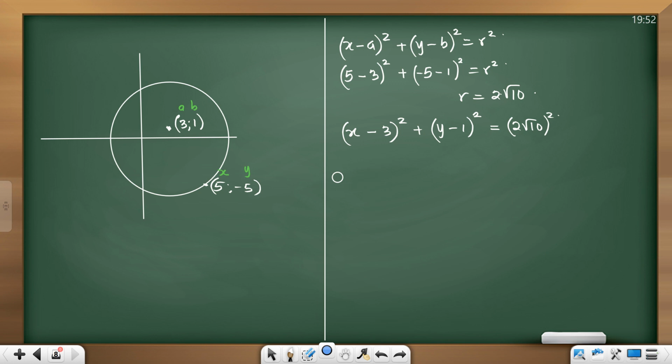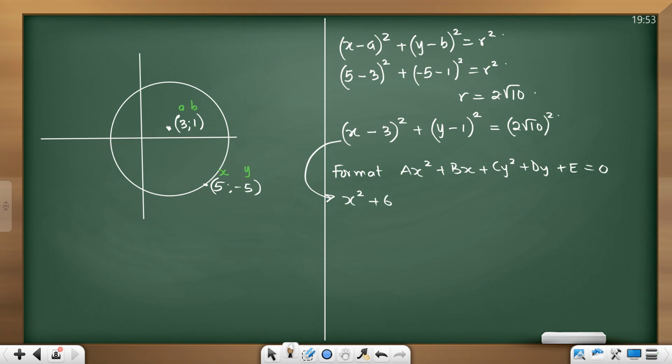If the examiner asks you to write it in this format, they are basically telling you to simply expand. So what will this be if I FOIL?